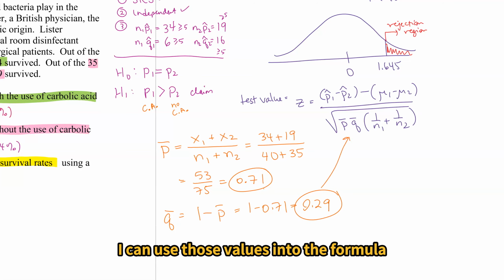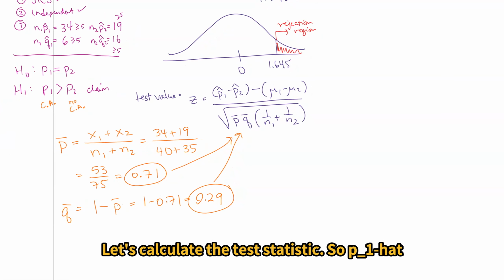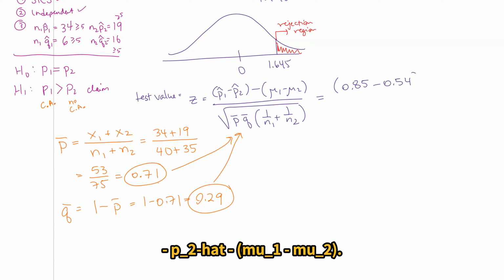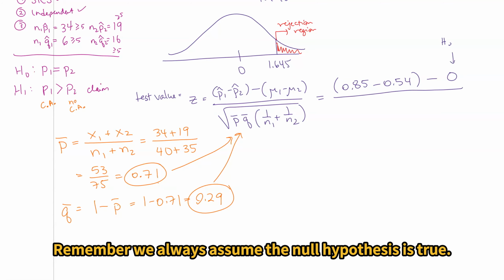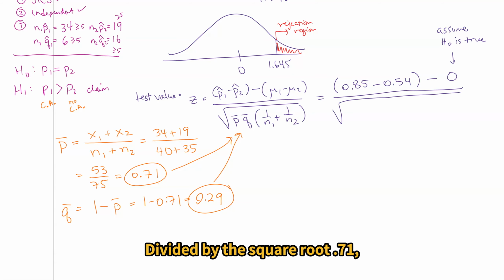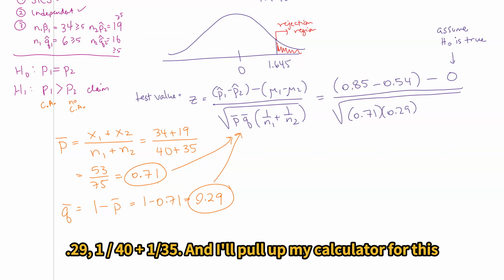I can use those values in the formula. And let's calculate this test statistic. So P1 hat minus P2 hat minus mu1 minus mu2. Remember, we always assume the null hypothesis is true. Divided by the square root, 0.71, 0.29, 1 over 40 plus 1 over 35.